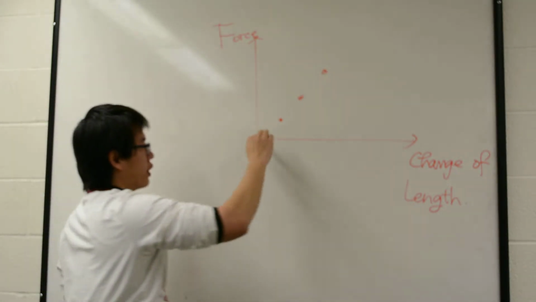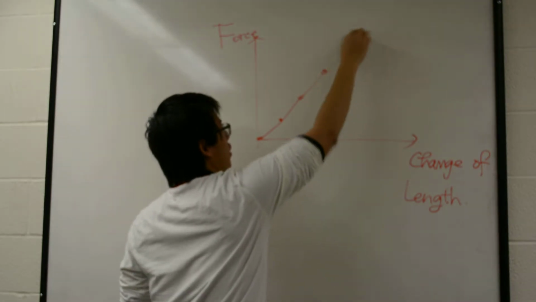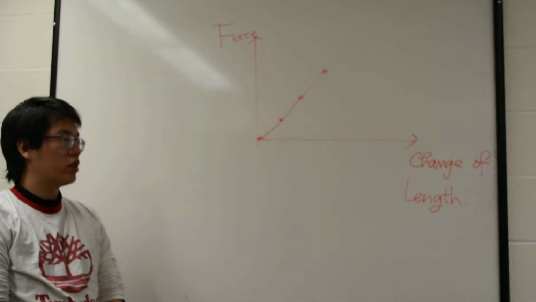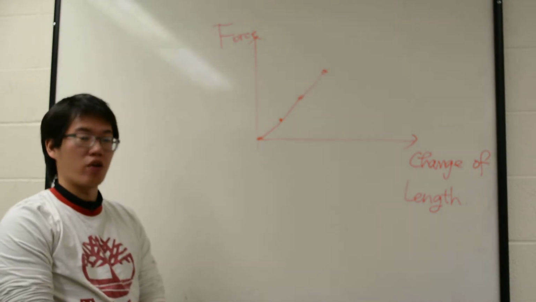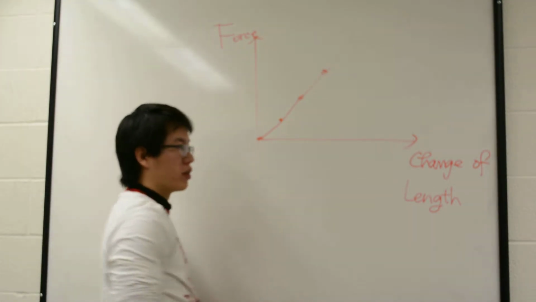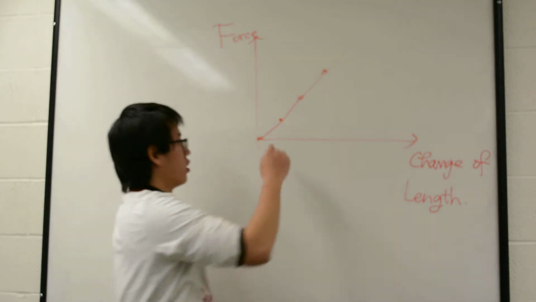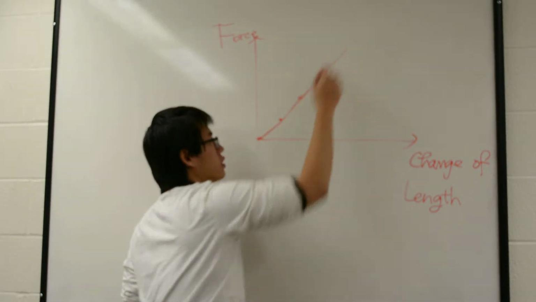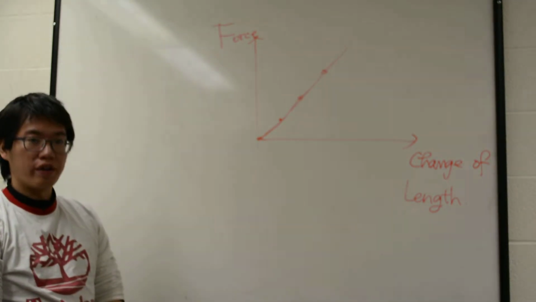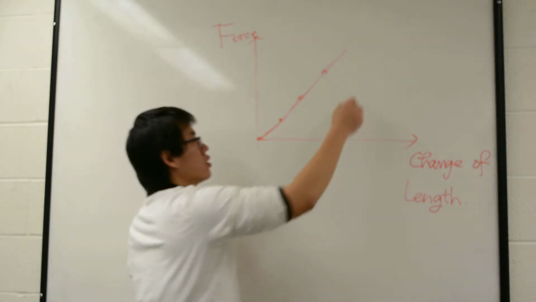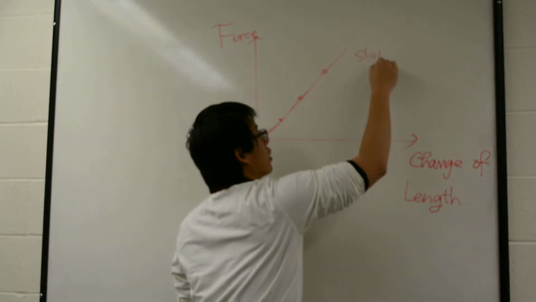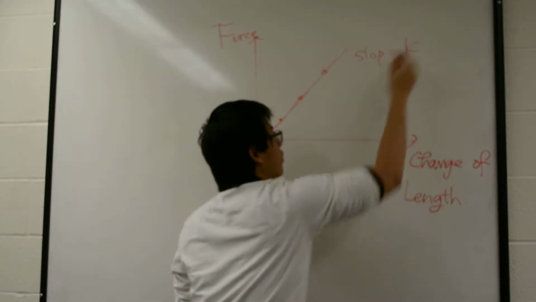If we connect these points, the physics tells us this should be linear, which means it's a line, and a line has a slope. We call the slope of this line k.